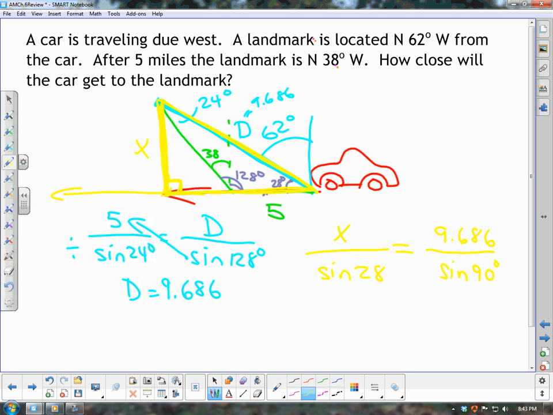Or you could have just said sine of 28 equals x over 9.686. You'd get the same thing. And so then you'll get x equals 4.547, so we'll say 4.55 miles. That's this distance right here.